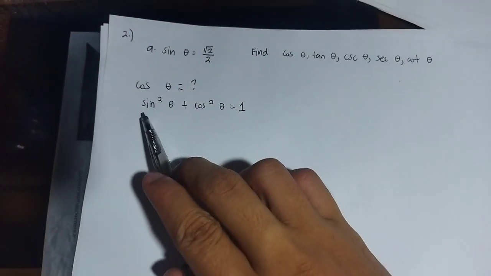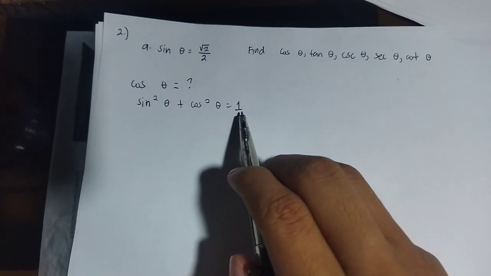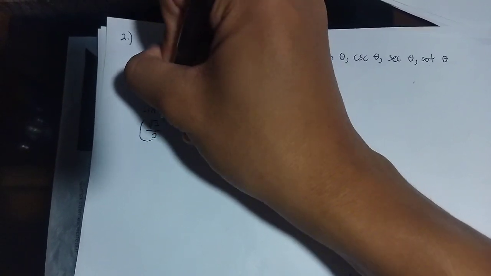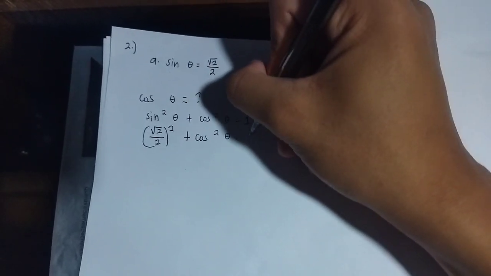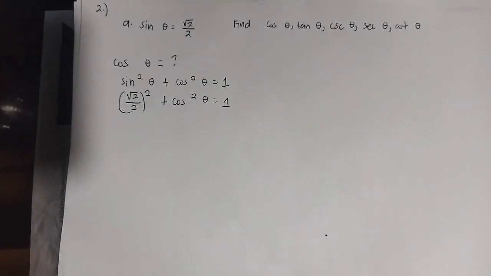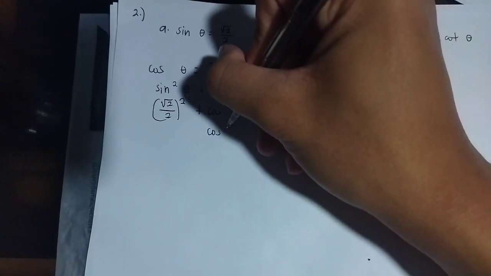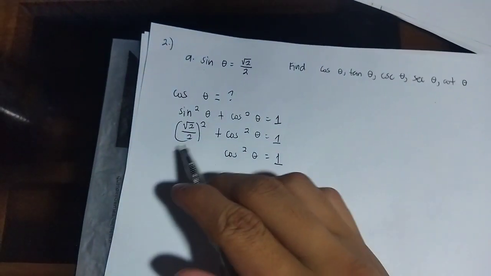So we have sine squared theta plus cosine squared theta equal to 1. Then substitute. So we have square root of 2 over 2 squared plus cosine squared theta is equal to 1. Then copy the cosine squared theta equal to 1. Then transpose.